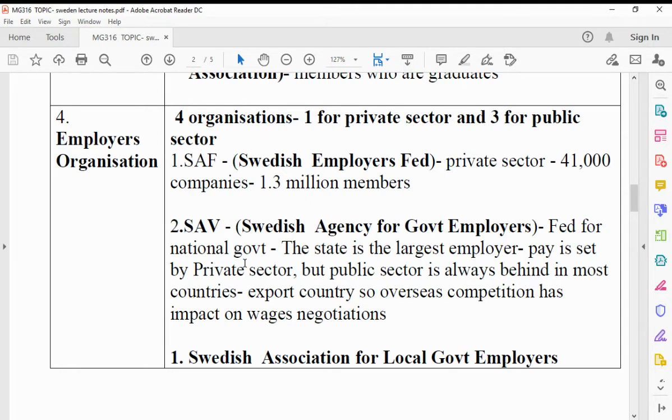SAV, Swedish Agency for Government Employees. This is for the federal government, the national government. Right? The state is the largest employer. Pay is set by the private sector, but public sector is always behind in most countries. Export countries, so there is overseas competition, and it does have an impact on the wages negotiations.